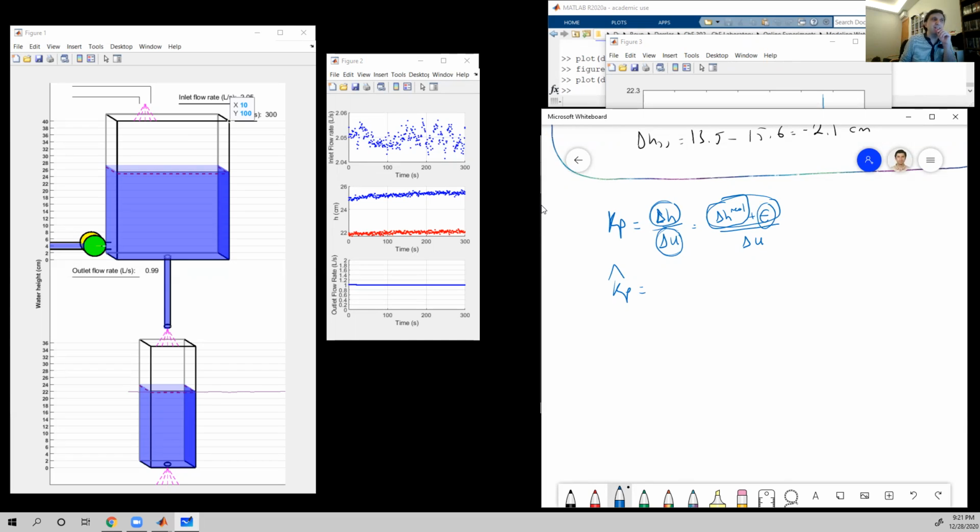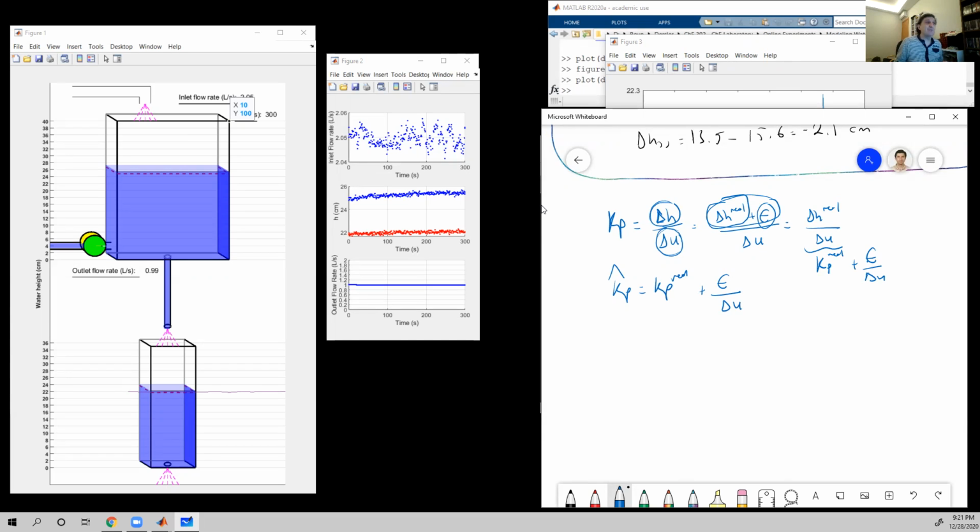So we can write it as delta H real over delta U, which is the Kp real value, plus E over delta U. So let me write it here again: Kp real, which we do not know, plus error over delta U.